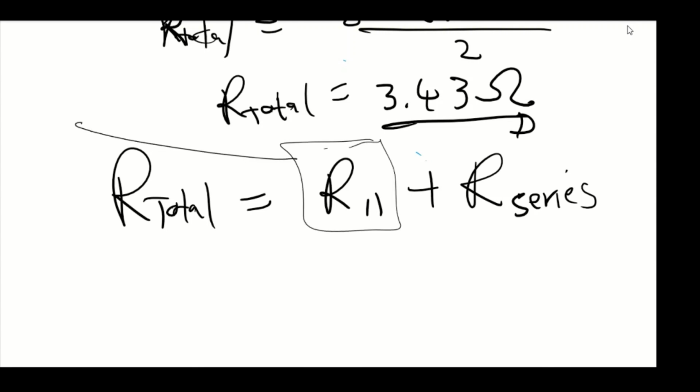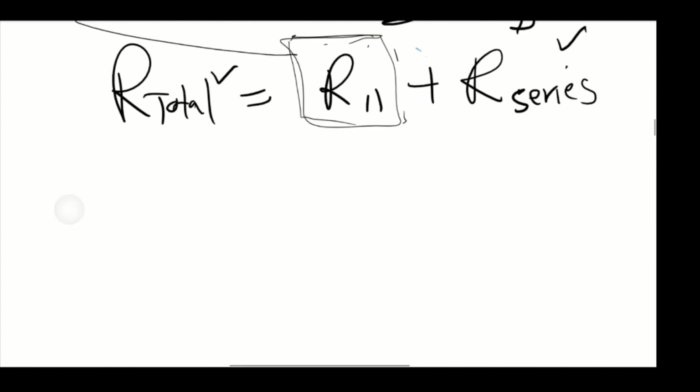Because the R parallel is a combination of R1 and the 2 ohm resistor, right? So let's first find the R parallel using this equation here. We already know R total and R series. The R series is the 2 ohm resistor of the circuit.